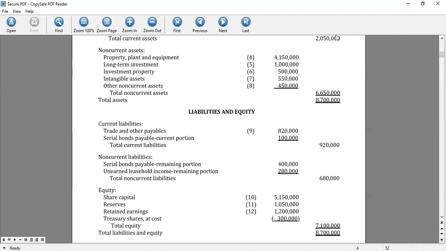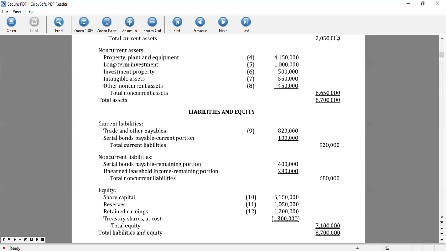Then for the unearned leasehold income, the original amount of unearned leasehold income is for 350,000 minus the currently due portion, because we have the total of 350,000 unearned leasehold income, 5 years starting 2021.